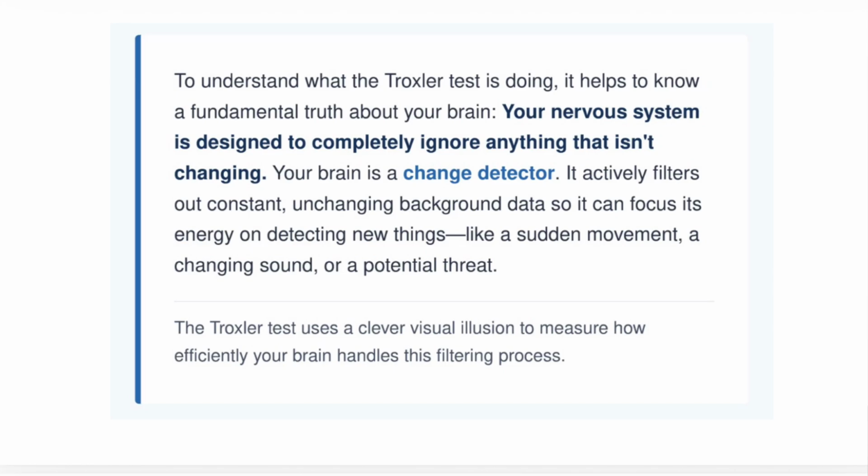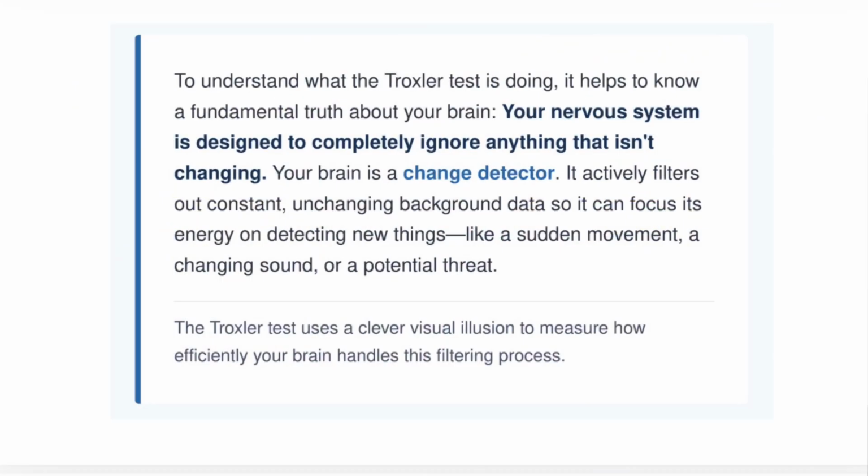Your brain is a change detector. It is detecting changes constantly, 24 hours a day, 7 days a week. It actively filters out constant, unchanging background data so it can focus its energy on detecting new things, like a sudden movement, a change of sound, or a potential threat.